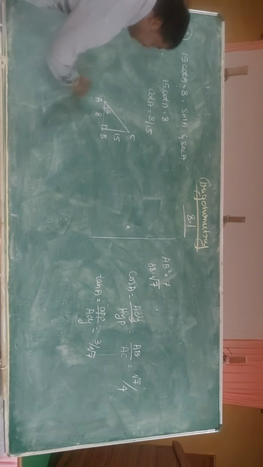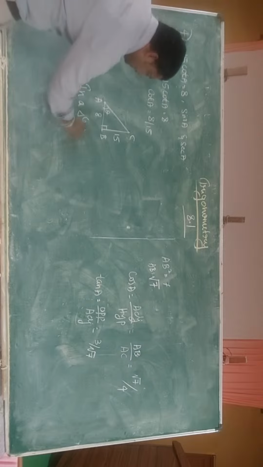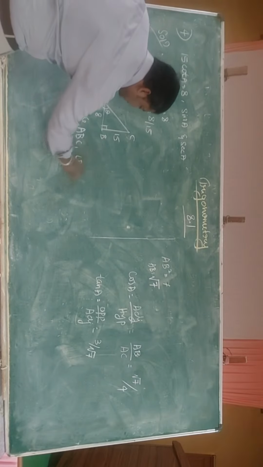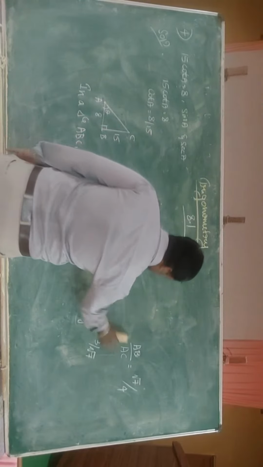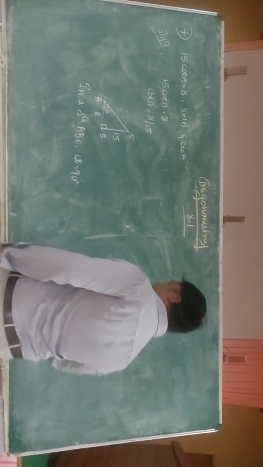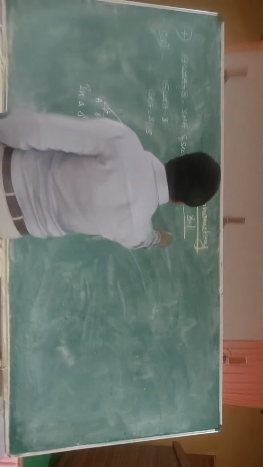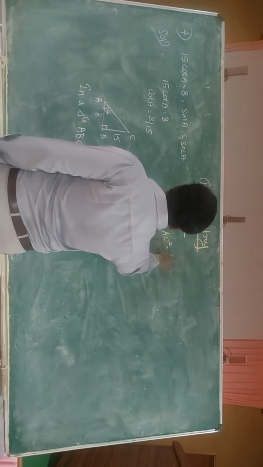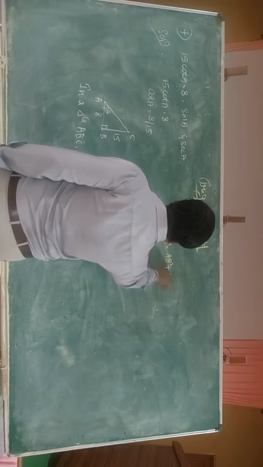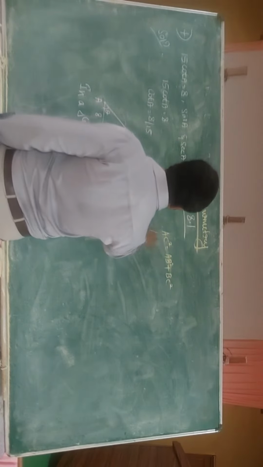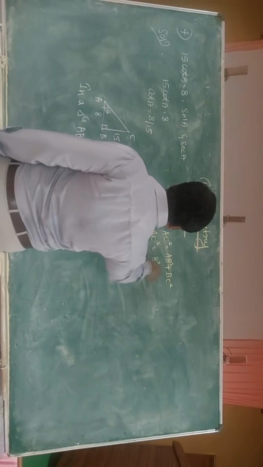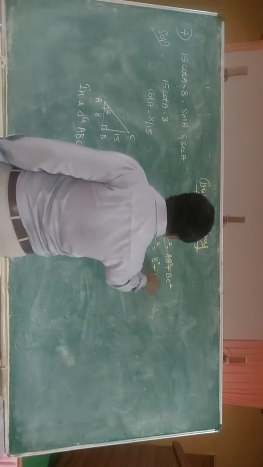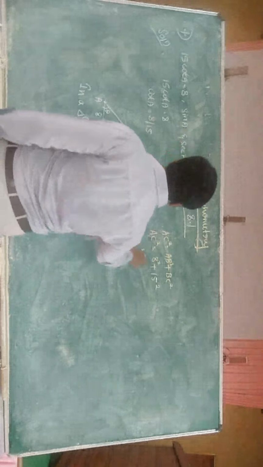In triangle ABC, angle B is equal to 90 degrees. So AC square is equal to AB square plus BC square. AB is given, that is 8 square, and BC is also given, that is 15 square. 8 square is 64 and 15 square is 225.